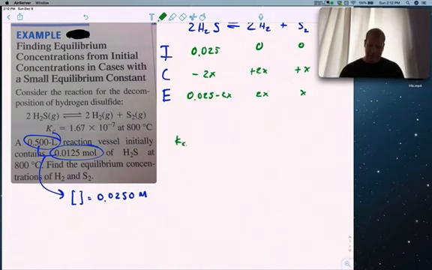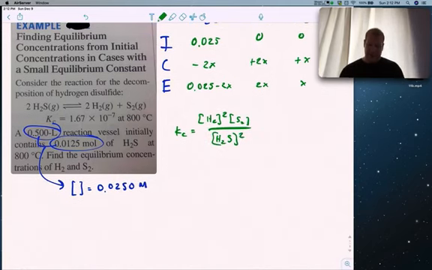So our Kc is equal to H2 squared S2 all over H2S squared. And this is 1.67 times 10 to the minus 7 equals 2x squared times x all over 0.025 minus 2x.